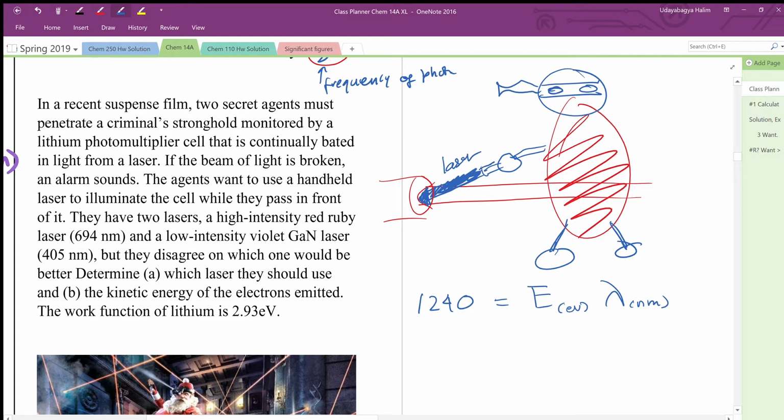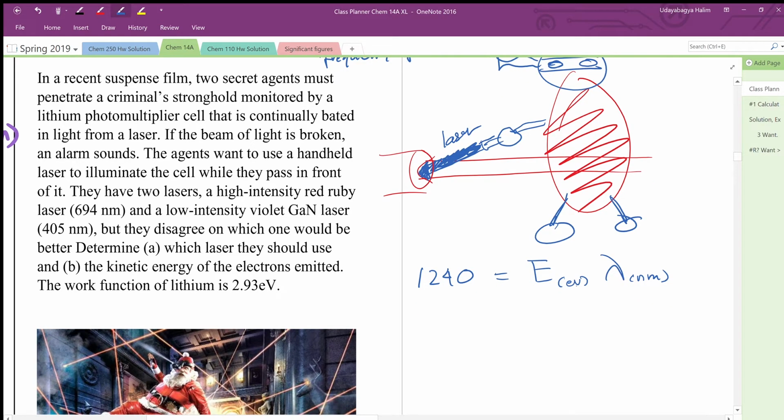So if your work function is 2.39, and let's say your energy is 3 electron volts, then the wavelength is just 1240 divided by 3.